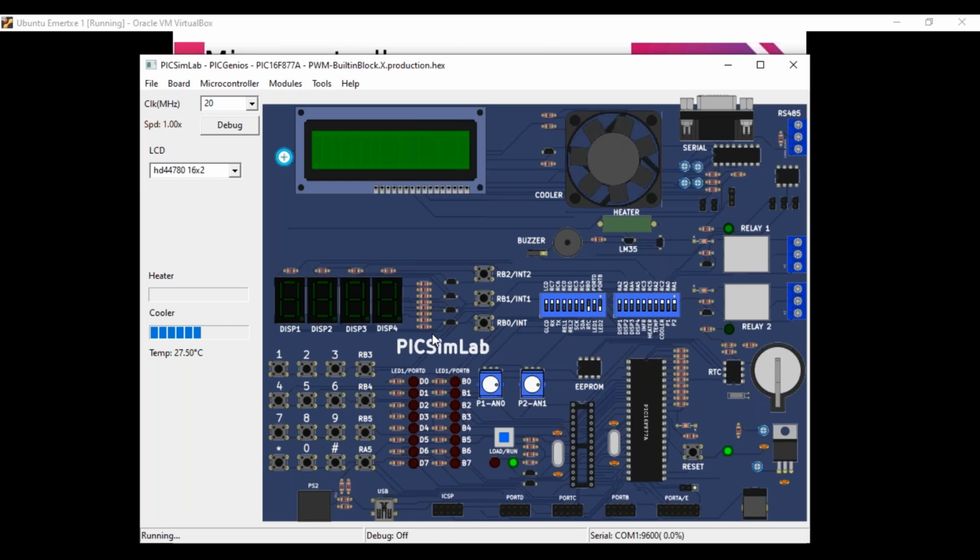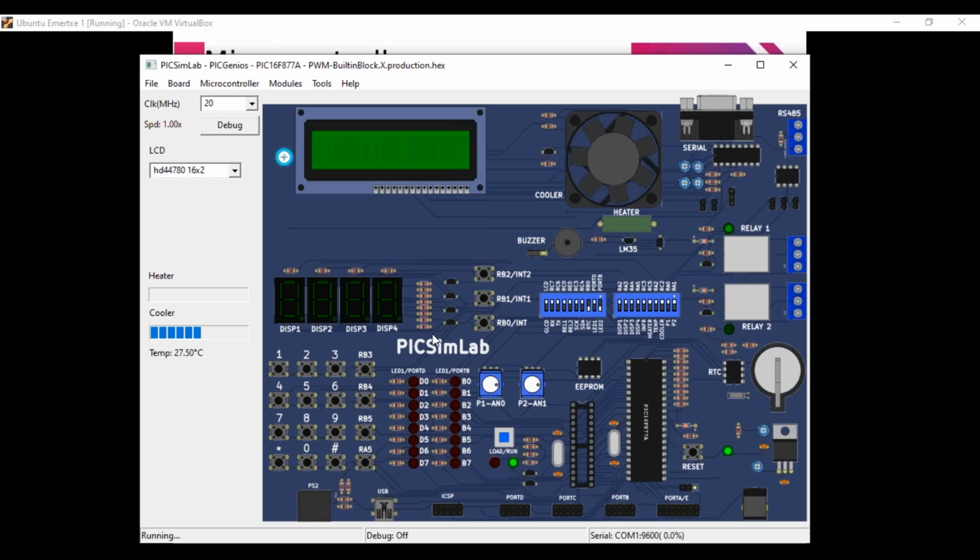Now, if I have 4 SSDs, how many lines do I need in total to turn on individual segments of these SSDs? I need 32, right? 4 multiplied by 8 is 32. So I may need 32 lines to turn on the LEDs of each segment.